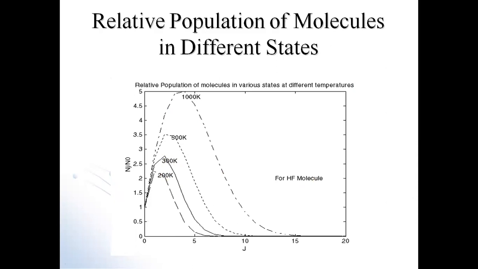This particular graph is basically giving you the temperature effect on diatomic molecules, as well as the relative populations of molecules in various states at various temperatures. You have to plot this graph for the HF molecule for the temperatures I have given. You draw the graph for 200 degree Kelvin, 300 degree Kelvin, 500 degree Kelvin, and 1000 degree Kelvin, and find out the value of J at which the rotational level is highly populated.